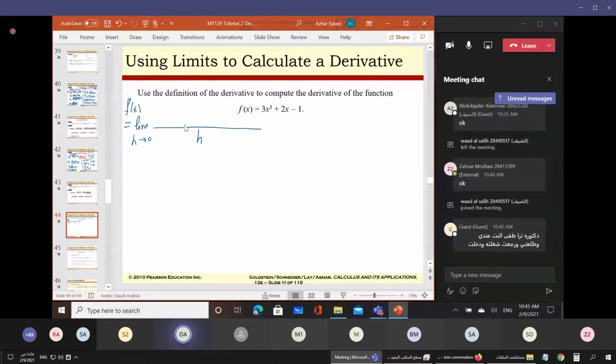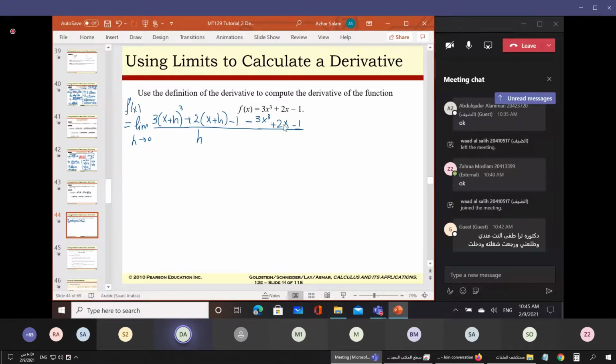The definition is f of x plus h, which is 3 multiplied by x plus h all to the power 3, plus 2 multiplied by x plus h, which is this, minus 1. This is f of x plus h. Now minus f of x, it will be the same function given, 3x cubed plus 2x minus 1.